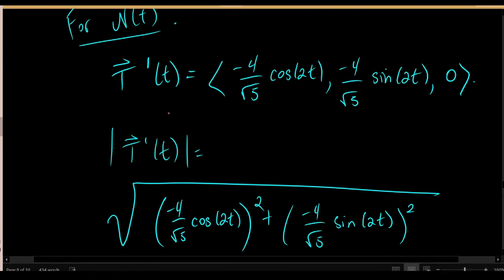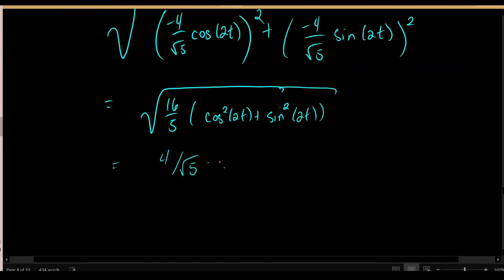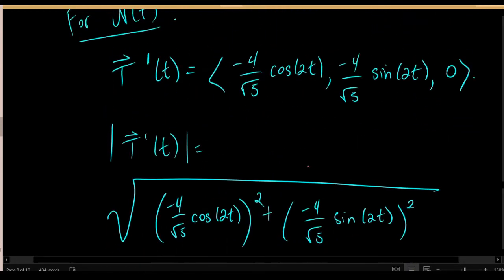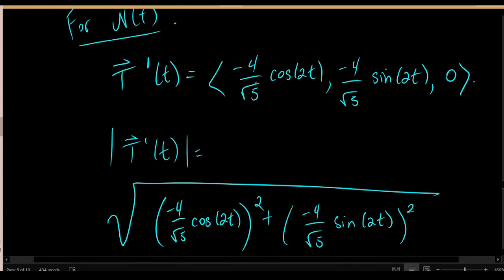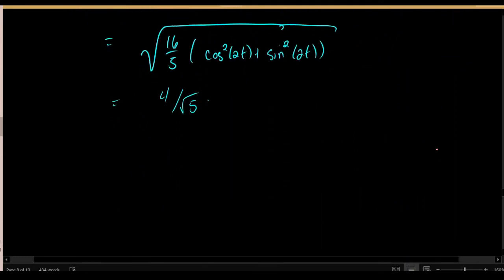So let's go through and divide the derivative of the unit tangent vector by its length. So this 4 over root 5 divided by another 4 over root 5 will just go to 1, and then the minus sign is there.